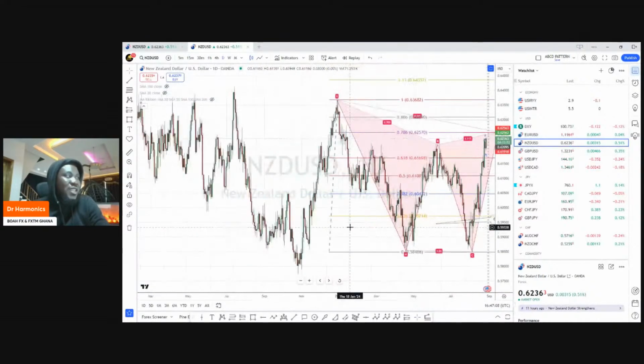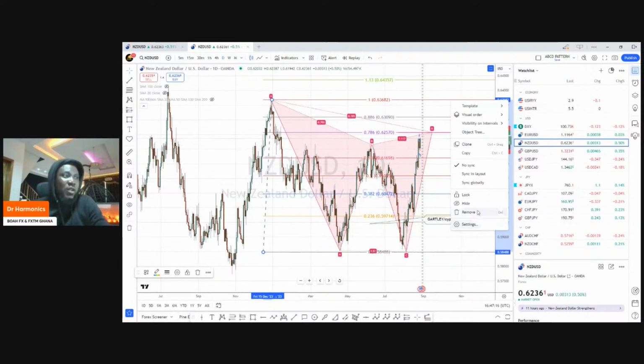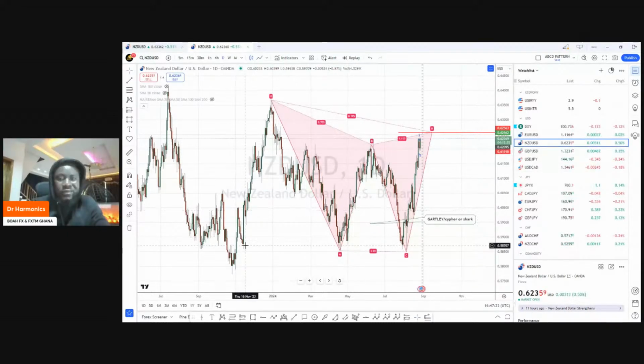I have NZD USD. It's forming one of the patterns you can think of. Let me get my harmonic cheat sheet ready. Guys, I'm trying to get my harmonic cheat sheet.